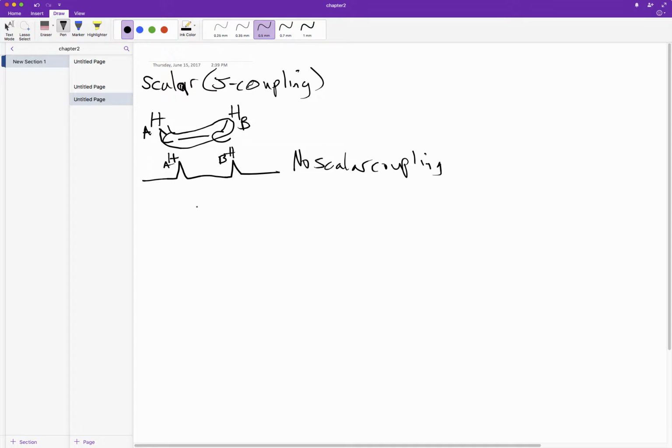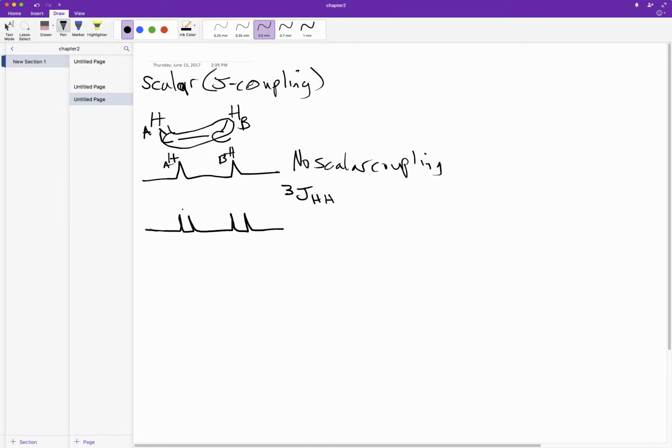But that never happens. We always have scalar coupling. And generally you'll always see it when they're three bonds away. You'll have some scalar coupling. And so when scalar coupling is active, what you'll see is something like this, where this peak will be split.